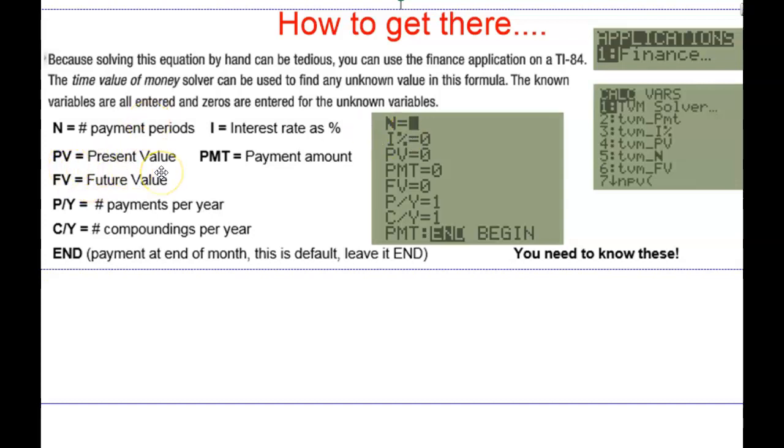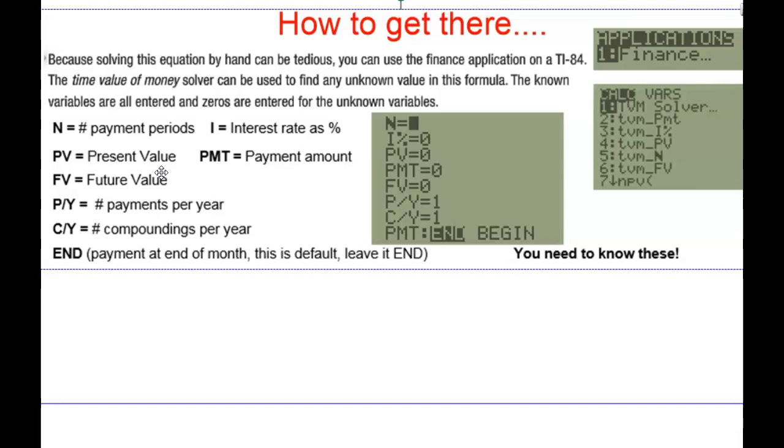PV is present value. So that would be if you borrow money for a car, that's where you put that present value. If you are going to put money into a savings account, you might start with 0 there, depending how you're doing it. Payment is the amount of a payment.